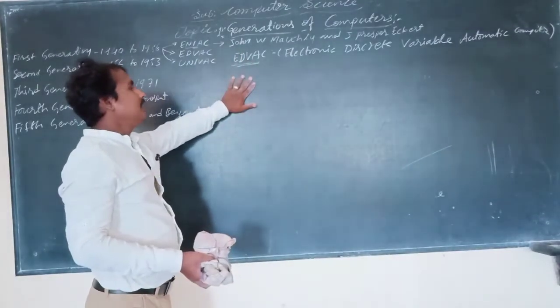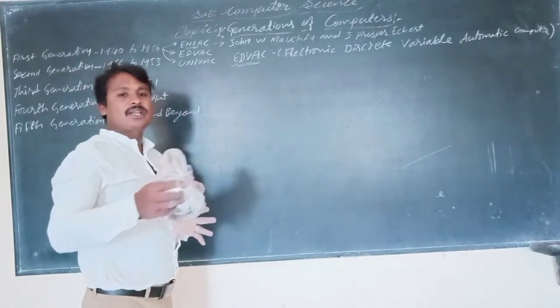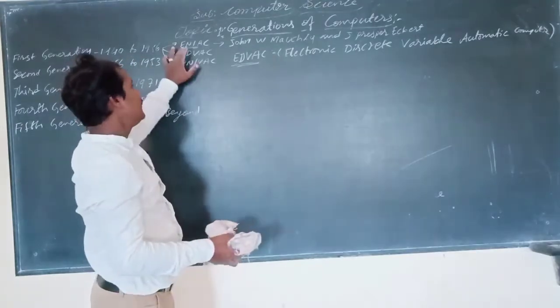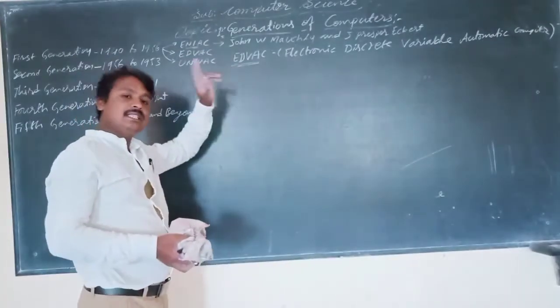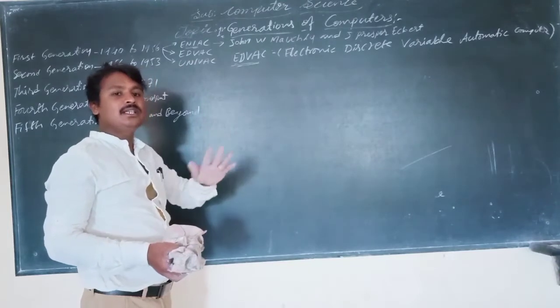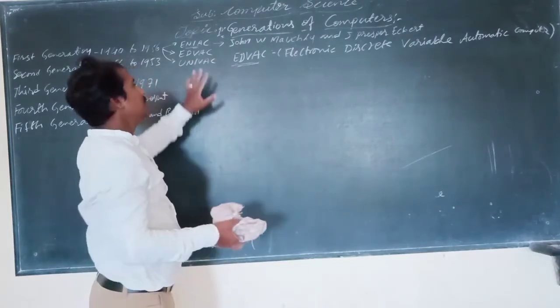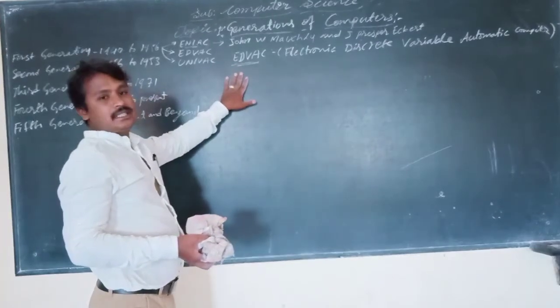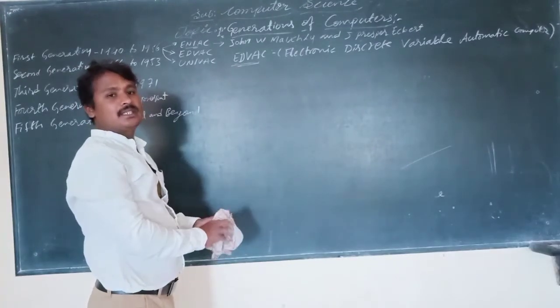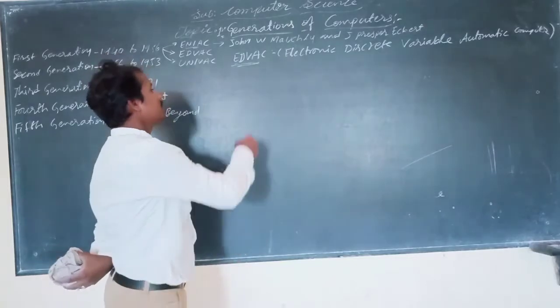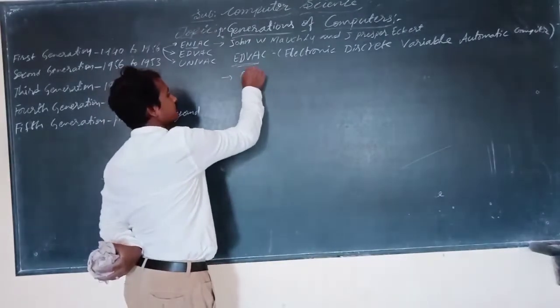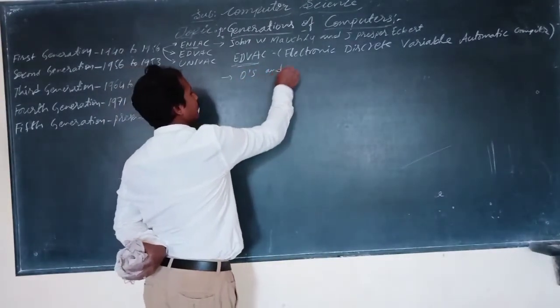But it had a lot of advantages over ENIAC, because ENIAC processed a word of 10 decimal digits, whereas EDVAC processed zeros and ones.